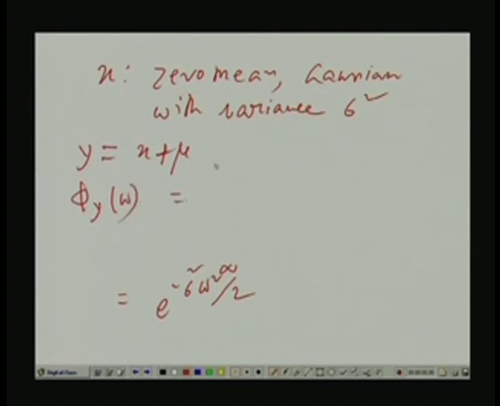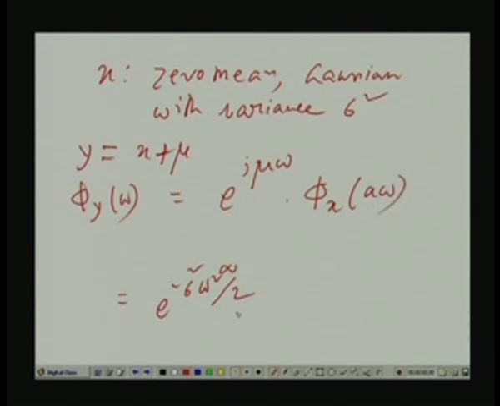Phi y omega, as we have seen, is nothing but this equation, which you can interpret as a x plus b. So, a equals 1 and b is mu. So, from our previous result, it will be e to the power j mu omega and then phi x of a omega, but a equals 1.